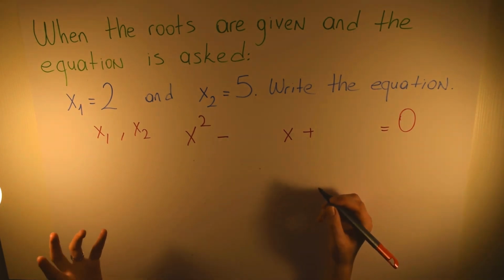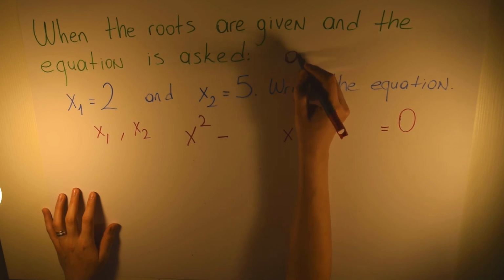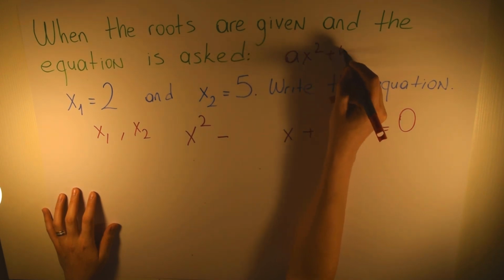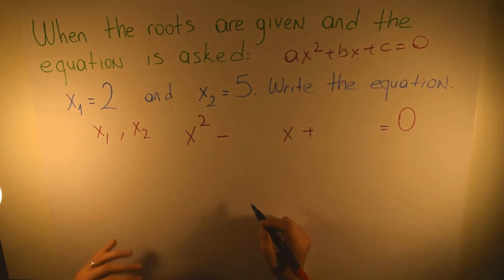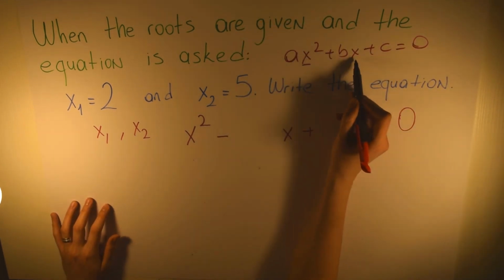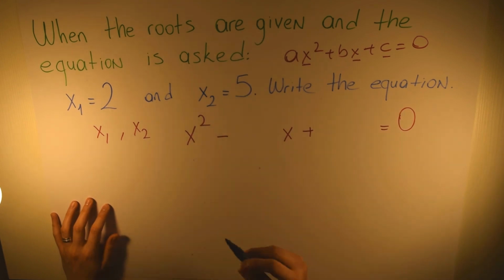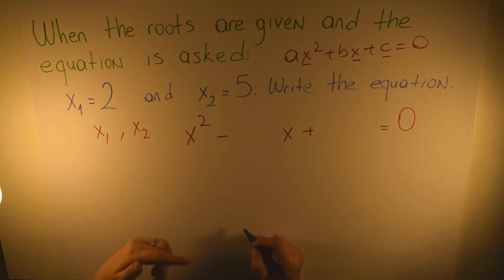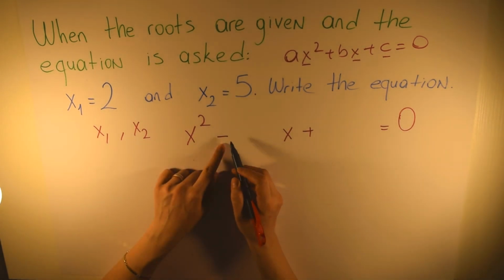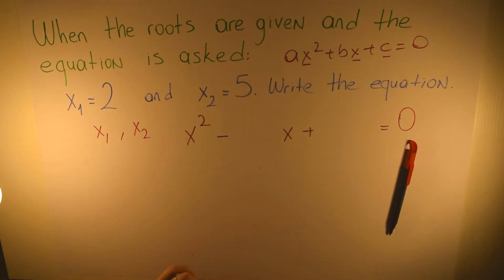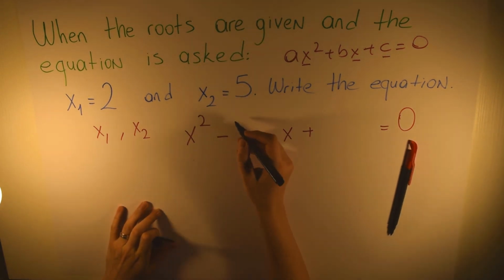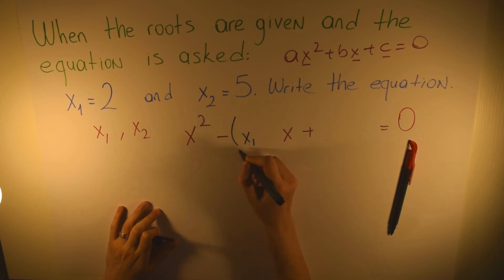The form of a quadratic equation is something like this: ax squared plus bx plus c is equal to 0, right? So we have to have something with x squared, x, and our constant. So why did I write minus here? Because here we will write, let me write with another color, our summation of our roots.